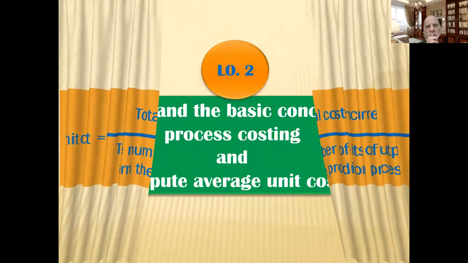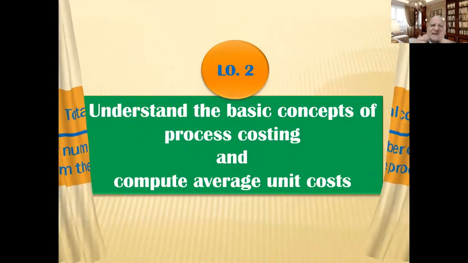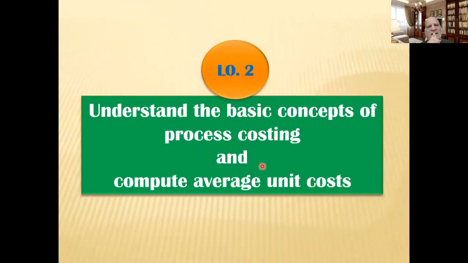Learning objective number 2. Let us see the second step in our illustration now, which is to understand the basic concepts of process costing and how to compute average unit costs.